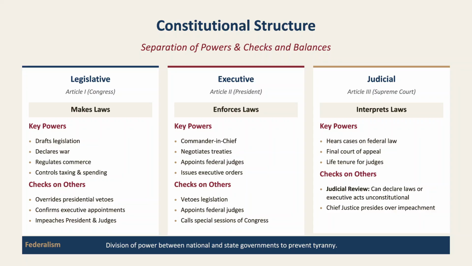For example, the Congress could impeach the president. The president can veto legislation created and voted on by Congress. The Supreme Court can declare laws that were passed by Congress and signed by the president unconstitutional and unenforceable.